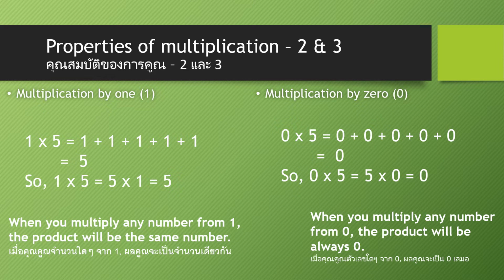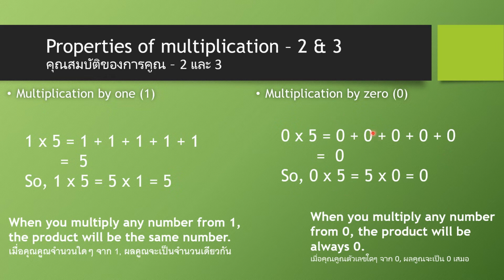Okay, so there's another rule. Multiply by 0. So we have 0 times 5. 0 plus 0 plus 0 plus 0 plus 0. How many zeros do we have? 1, 2, 3, 4, 5. What is 0 plus 0?